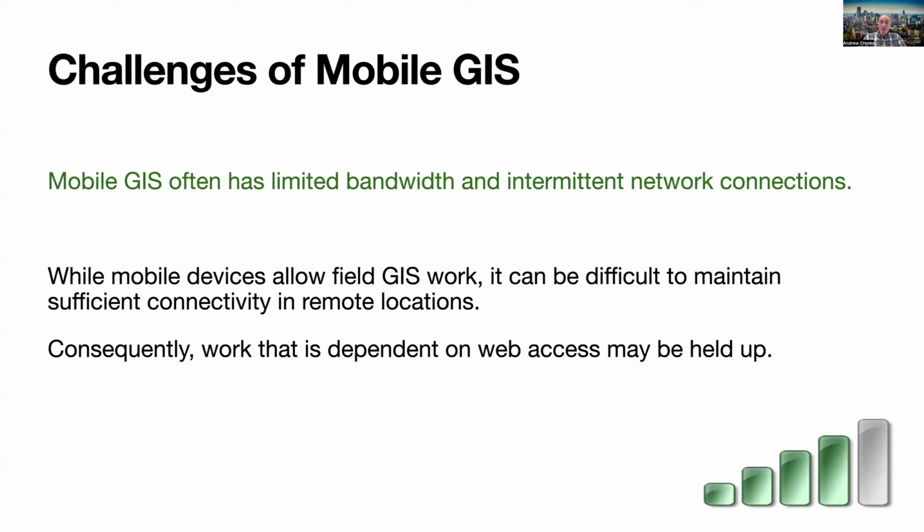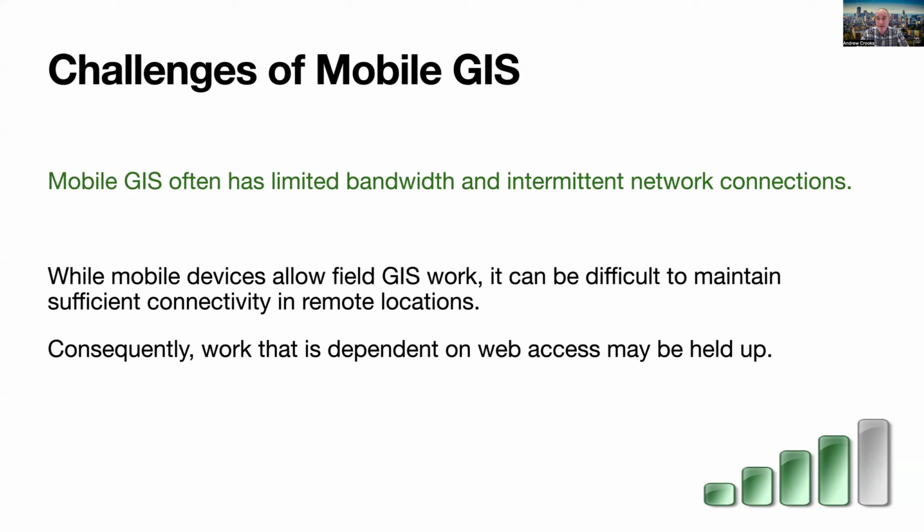Also, there's a bandwidth limit or intermittent network connectivity. But as we said, mobile GIS doesn't always have to be connected to the internet, right? That's why mobile GIS is slightly different to web-based GIS. But while we can take the devices into the field, it can really be difficult to maintain sufficient connectivity in remote locations.